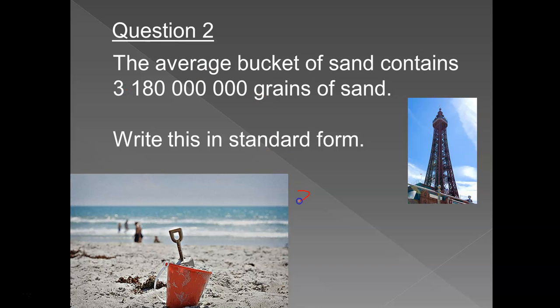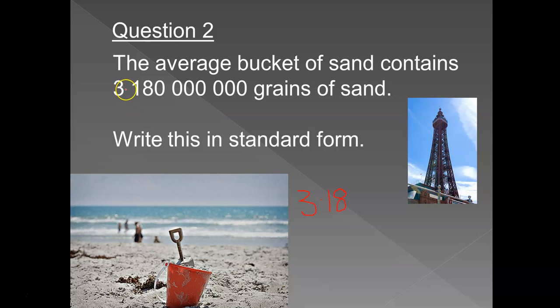So that would be 1.8. You see what's happening, right? We're actually putting the point between the first two digits. That way you must get a number that is less than 10.